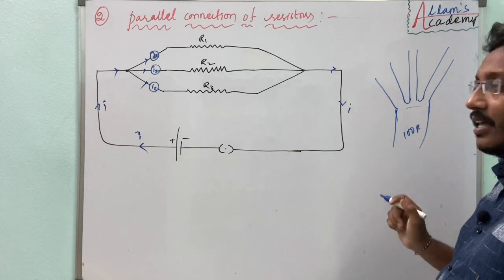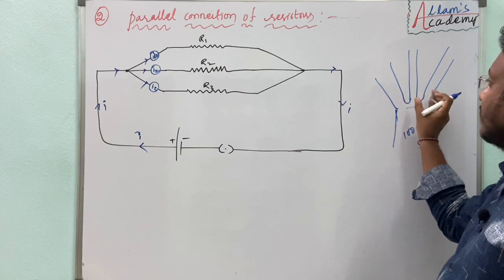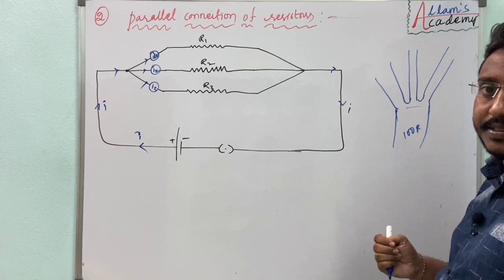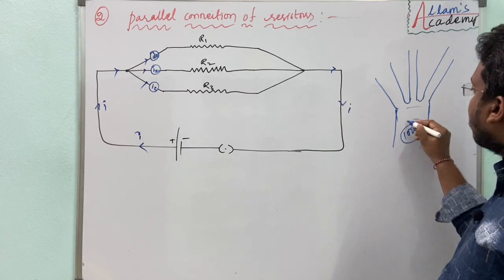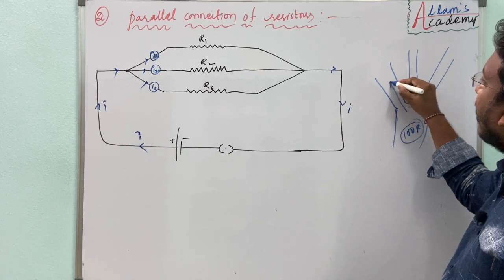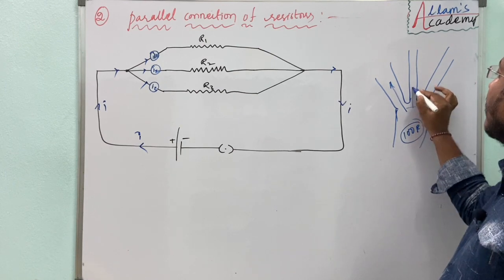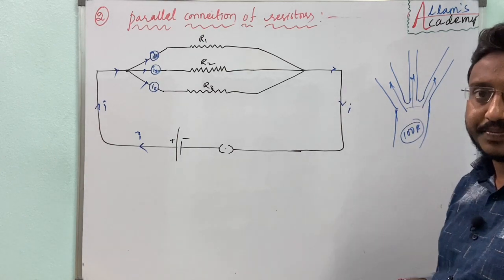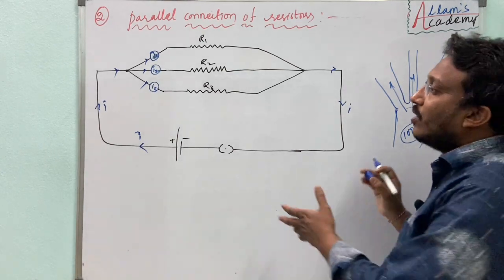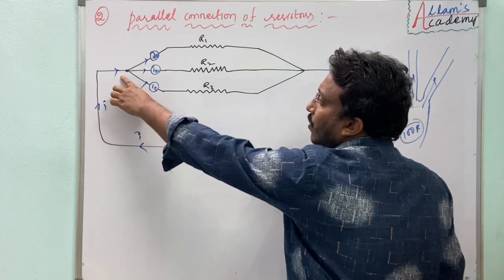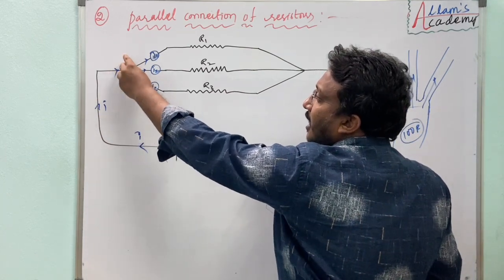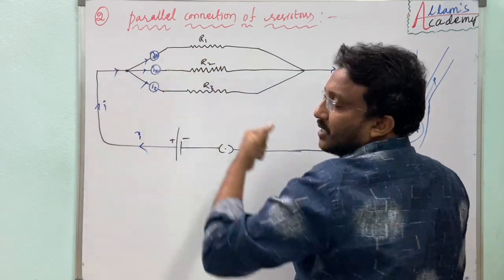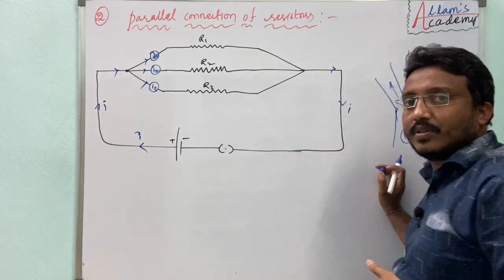This way is narrowed now, so the persons have three different ways. Out of this 100%, some can travel in this direction, some in this direction, some in this direction. They can split. Like your current also. When current travels up to here, it gets three different paths, three different routes to travel.